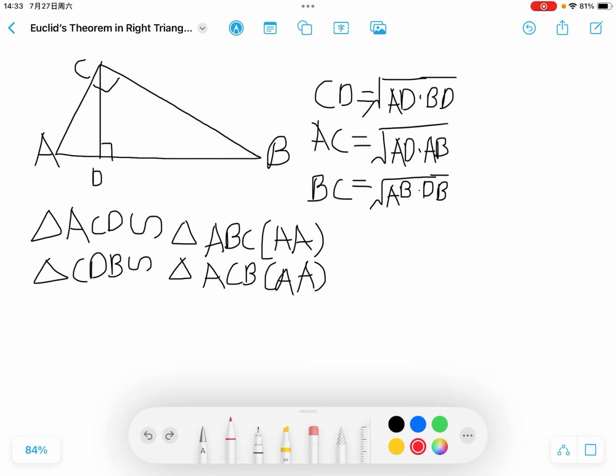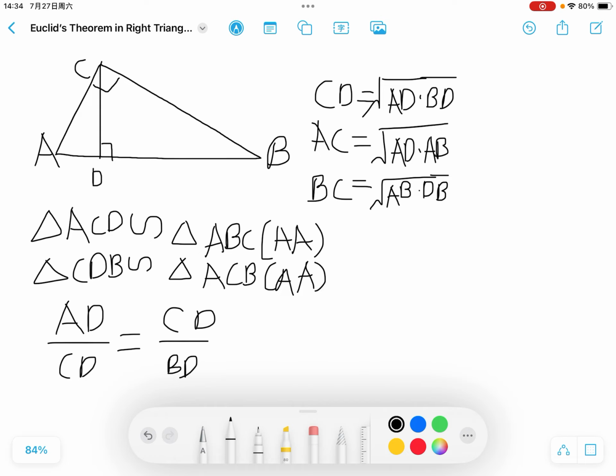We're going to pick triangle ACD and triangle BCD. We know that the two triangles are similar, so we can use the side length ratio. AD is the shorter leg, so AD over CD, because CD is the shorter leg in the corresponding triangle, is equal to the longer leg over the longer leg, which is CD over BD.